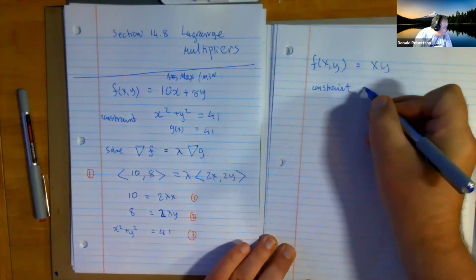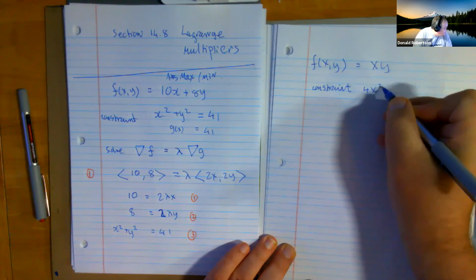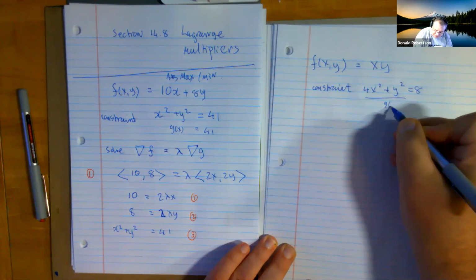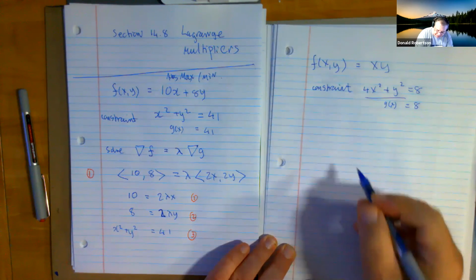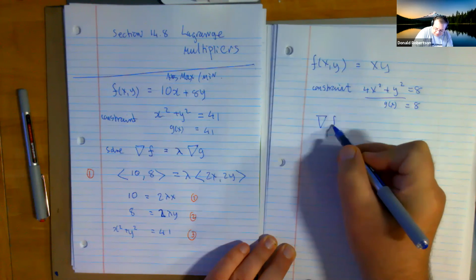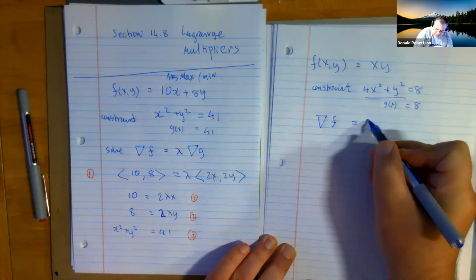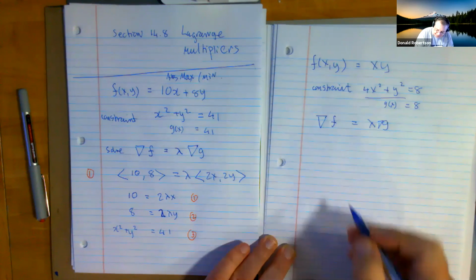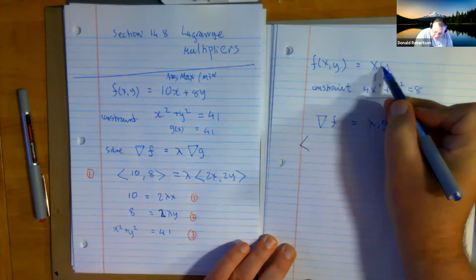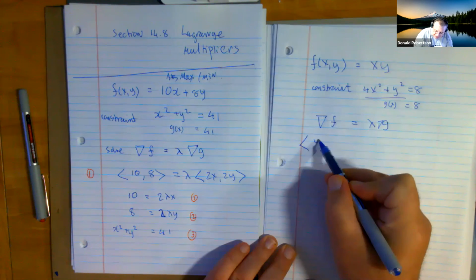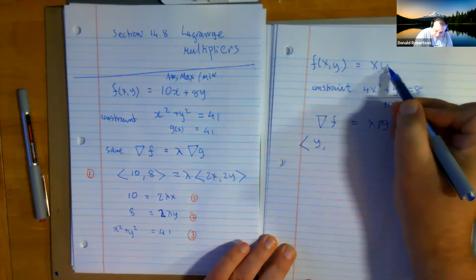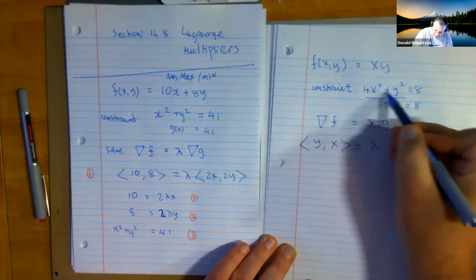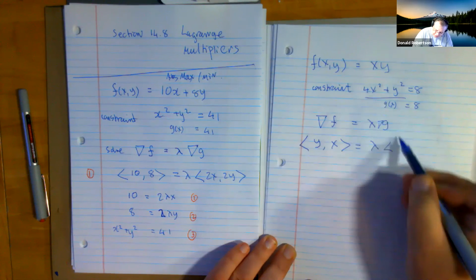Here is optimize, max and min, and the constraint in this question is that 4x squared plus y squared equals 8. So this is my g of x, y, essentially equal to 8. So the gradient of f is lambda times the gradient of g. You differentiate this with respect to x, you get y. If you differentiate this with respect to y, you get x. You do this guy, you get 8x.